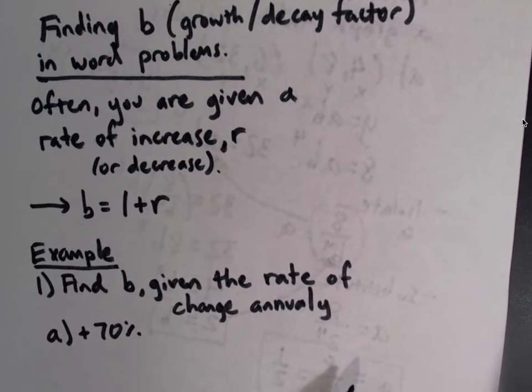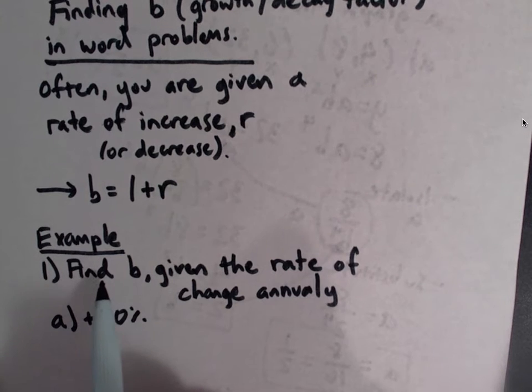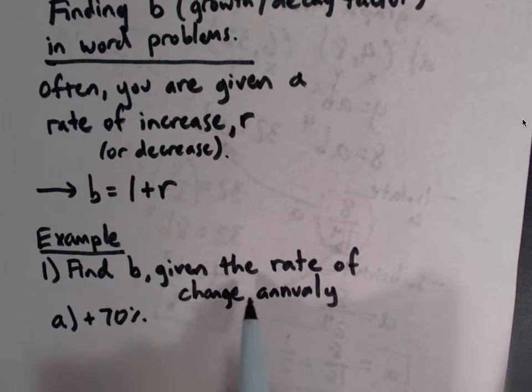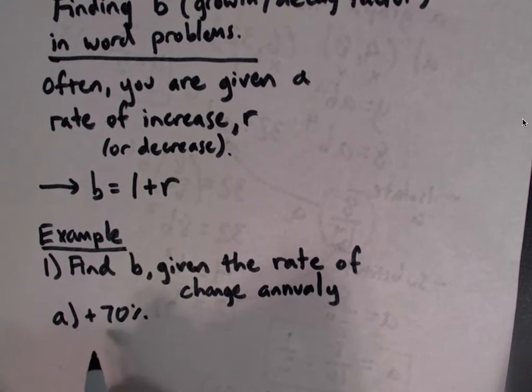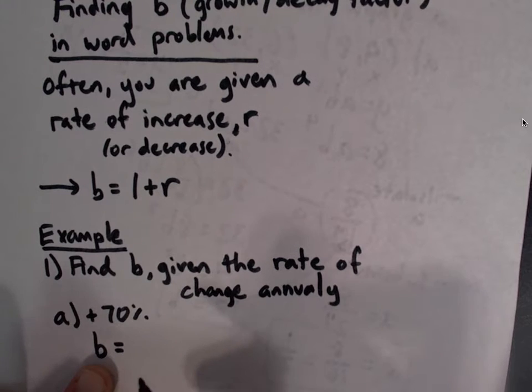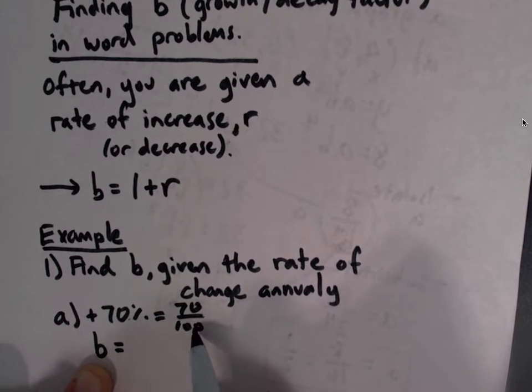So for example, let's say we want to find b given the rate of change annually. Let's say something is increasing 70%, which is quite a bit. First we want to change 70% to a decimal. 70% is 70 out of 100, and since I'm dividing by 100, you just move the decimal twice.